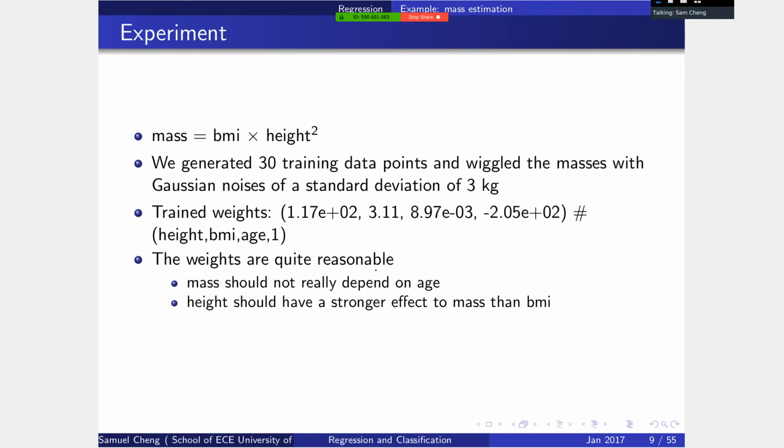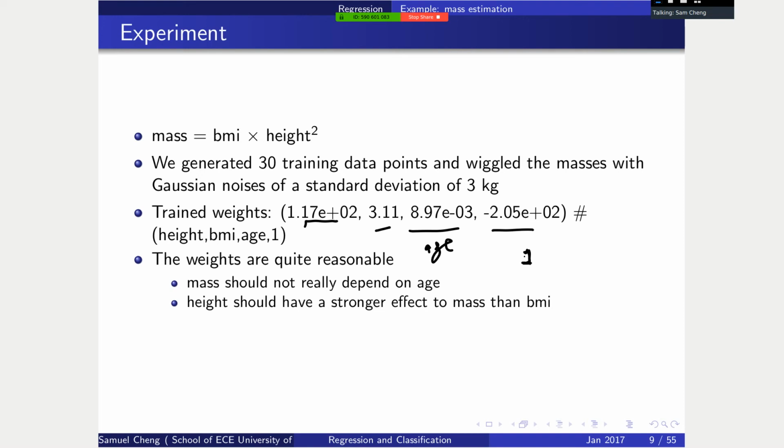So basically, if you remember, earlier the features are, let's see if I remember correctly, the height and then the BMI, and this one is the age, and this is just a dummy, a padding, which is just 1.